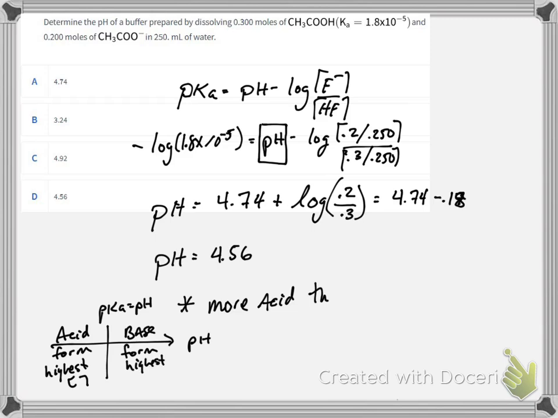Does it make sense? If we have more acid, 4.5, 4.7, it says yes, we should have more of the acid form. We do in this problem. It's 0.3 over 0.2. And so yes, this does make sense.